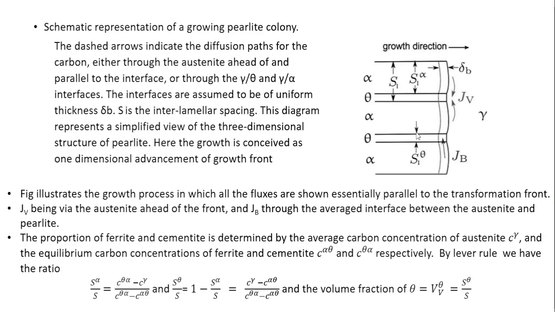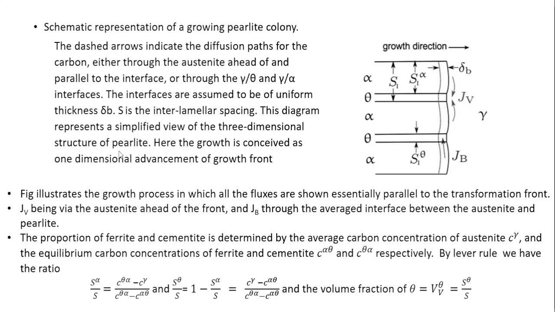So this is the thickness of theta and this is the thickness of alpha. S is the sum of this plus this. S is the interlaminar spacing.